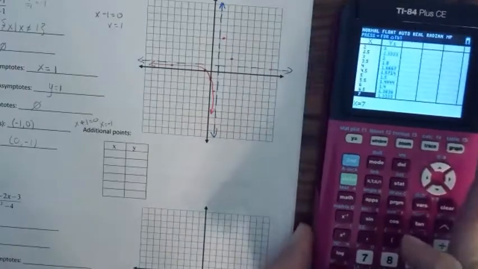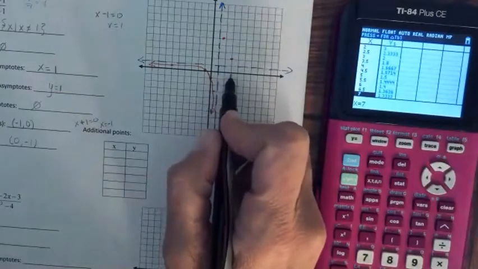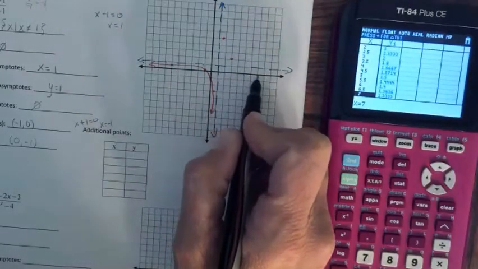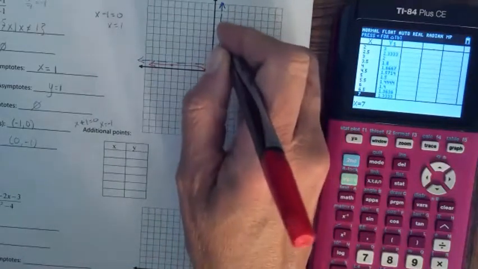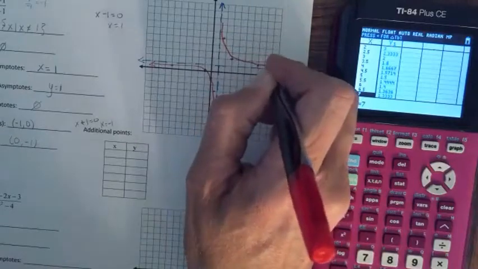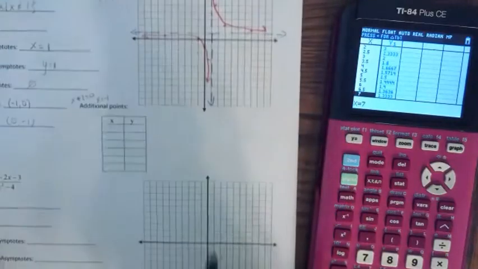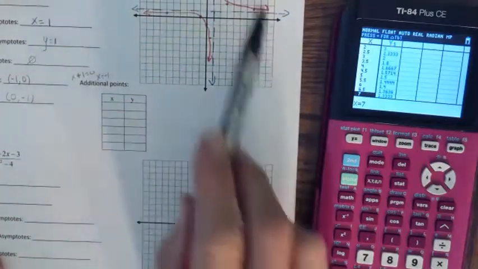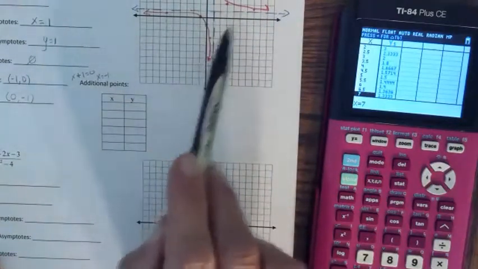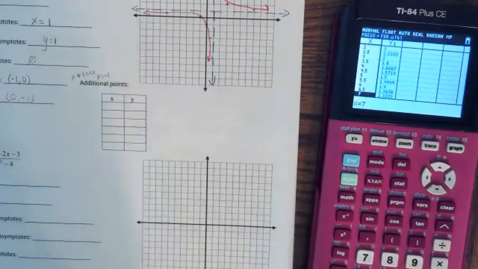At 7, I'm at 1.3. So it just kind of gives me a better sketch of my graph. And if you want, you can put those values in this chart as well. You don't have to, but I do want to see more than the points that you're getting from finding your x and y intercepts.